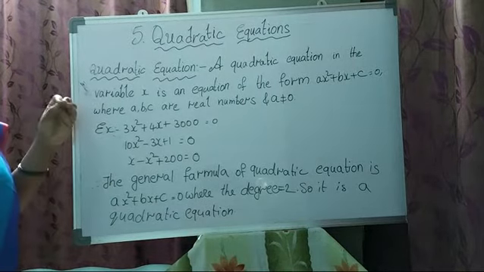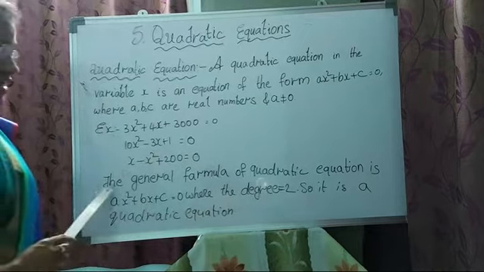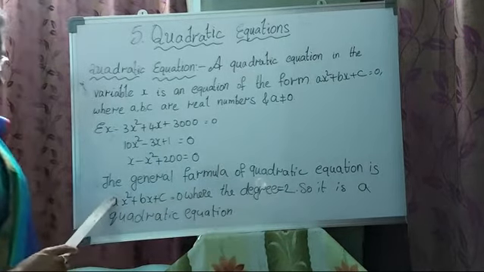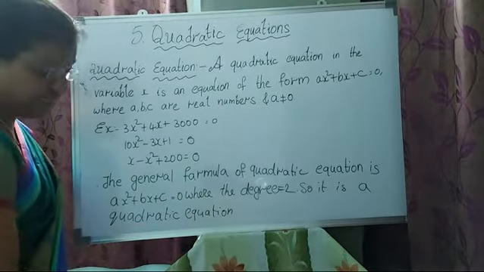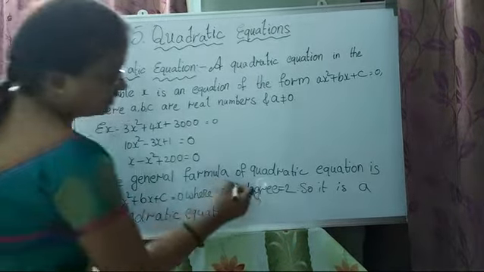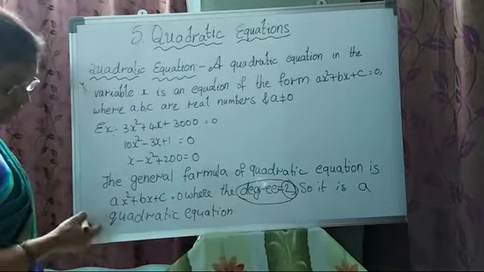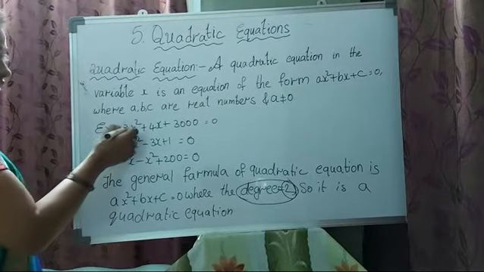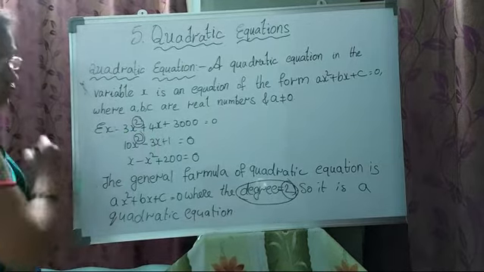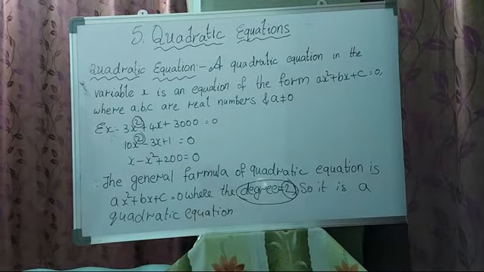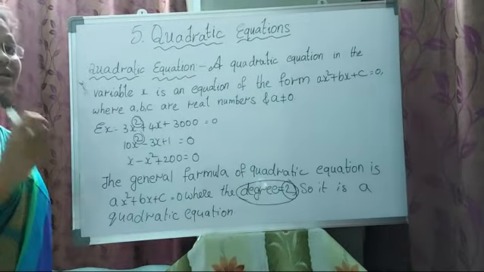If you want to identify whether it is a quadratic equation or not, this is the rule. The general form of a quadratic equation is ax square plus bx plus c is equal to 0, and the degree is the very important point here. If the degree is 2, it is a quadratic equation. The degree means the highest power.